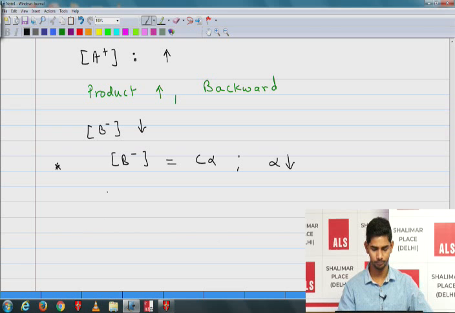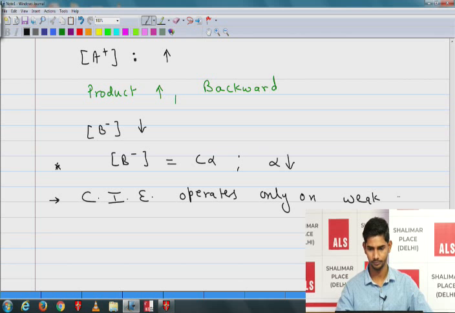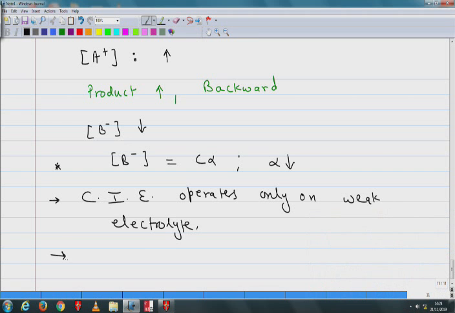Now, what can I say? That the common ion effect operates only on weak electrolytes. Next, when the concentration of common ion increases, alpha will decrease.